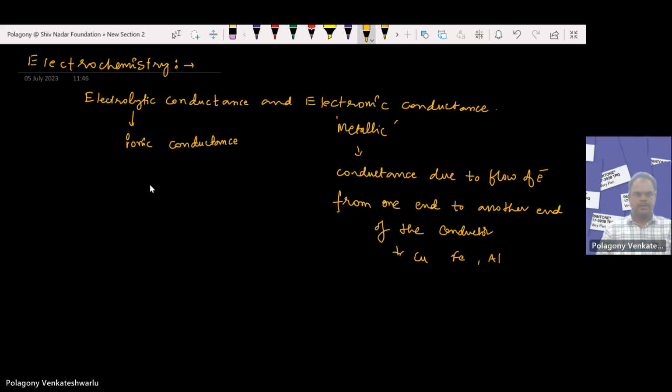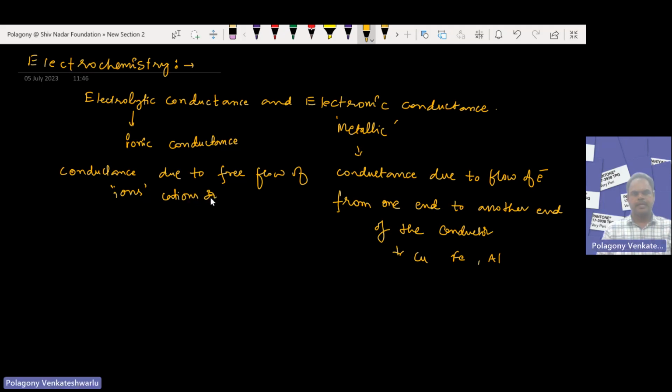Ionic conductance is due to the free flow of ions, cations and anions, through a solution.